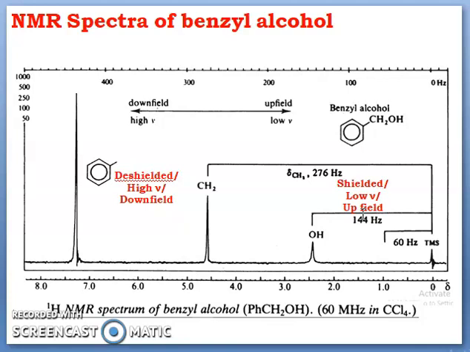In short, the peaks appearing very close to TMS are shielded, and the peaks appearing far away from TMS are de-shielded, and the number of peaks gives you the information of the number of identical protons present in the molecule. These two pieces of information one can extract from the NMR spectra in a very lucid and easy way.